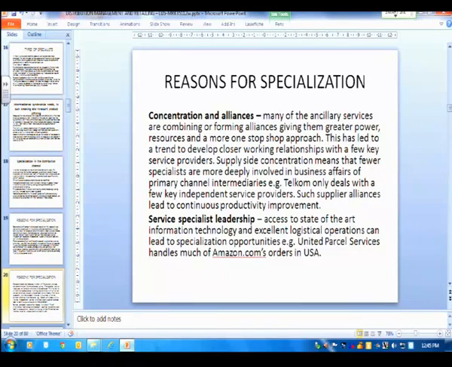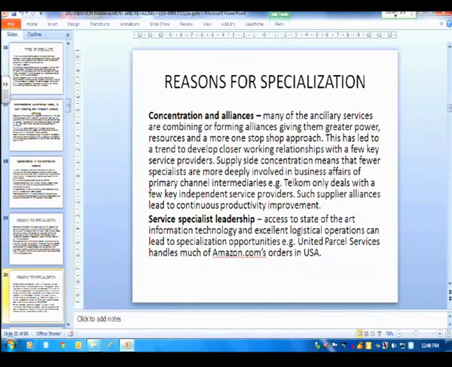This has led to a trend to develop closer working relationships with a few key service providers. Supply-side concentration means that fewer specialists are more deeply involved in business affairs of primary channels, intermediaries. For example, telecom only deals with a few key independent service providers. Such supplier alliances lead to continuous productivity improvement.